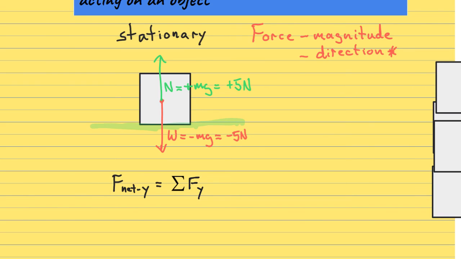So a lot of explanation for that, but basically, when the object is stationary, and we're talking about the Y direction here, the forces are canceling out. So we have an F net, or summation of forces, in the Y direction that is 0. And we could write that out a little bit more, just like this.